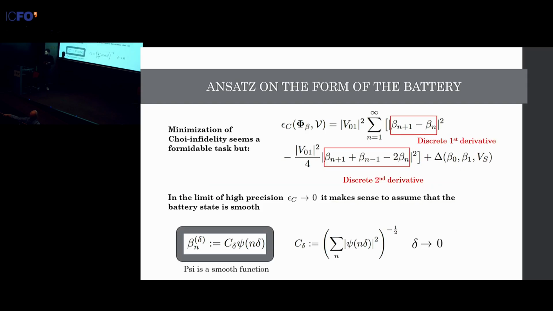So what happens in this limit of high precision? We show that optimal battery preparations are smooth preparations, a family of states for which this discrete first derivative and this discrete second derivative become real derivatives. So you have to do a smoothing and take a limit in which the smoothing parameter goes to 0, and you regularize everything. I don't want to go into the details of this procedure, but the idea is that the amplitude should vary very slowly over the different energy levels.